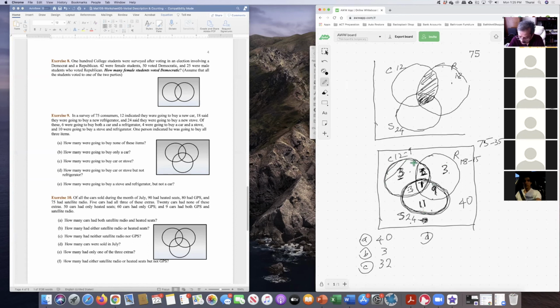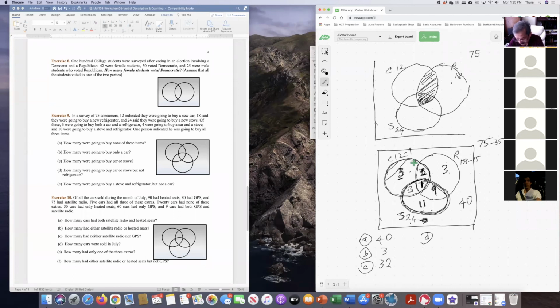I have a question. Yeah. So for letter C, it says how many are going to buy car or stove. Wouldn't we have added the numbers without the refrigerator? Right? For that question, we add all the numbers in C and all the numbers in S. It's just C union S. So like the full circles, even including the intersection?